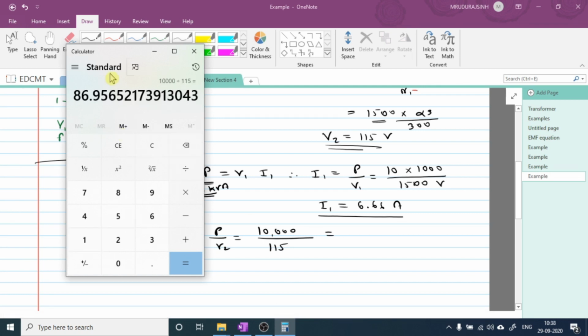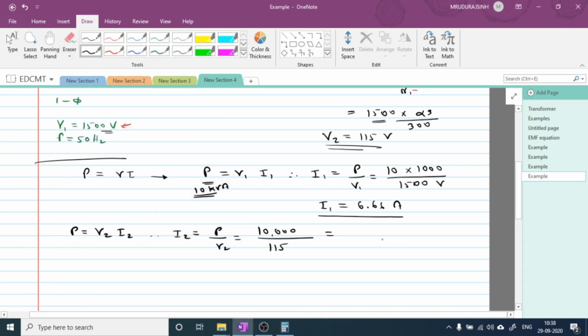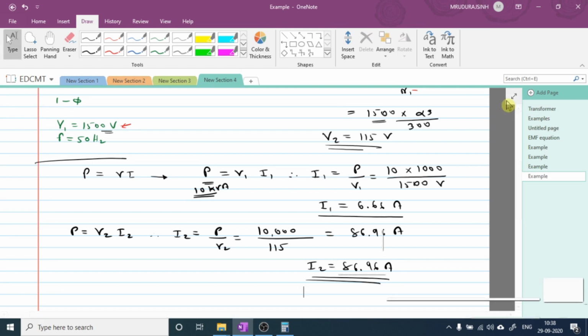It's 86.956. So it's almost 86.96 ampere. I2 is equal to 86.96 ampere. So this is how you can solve this example.